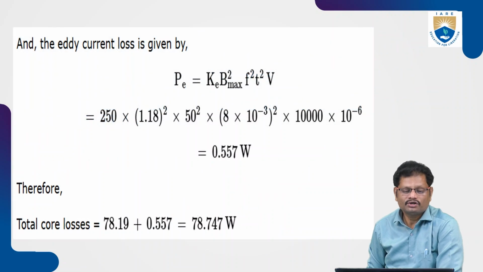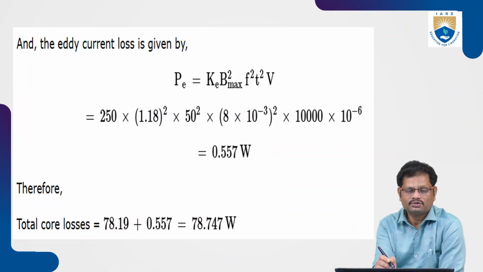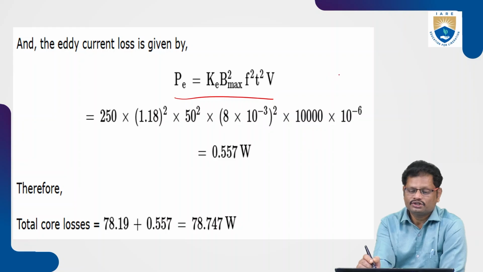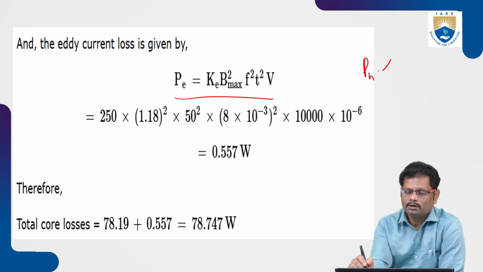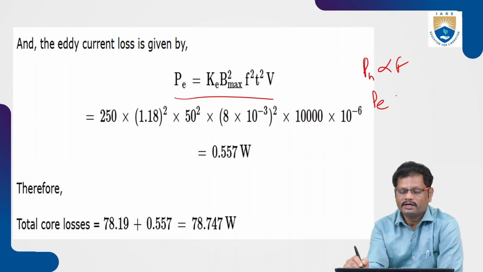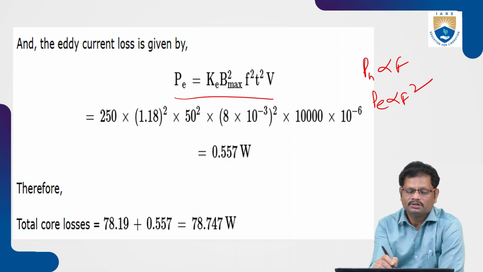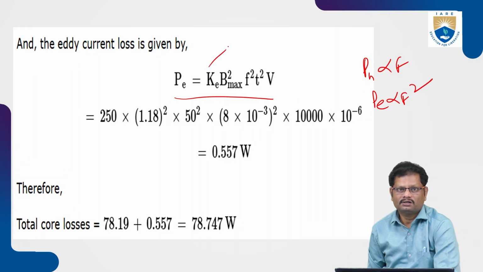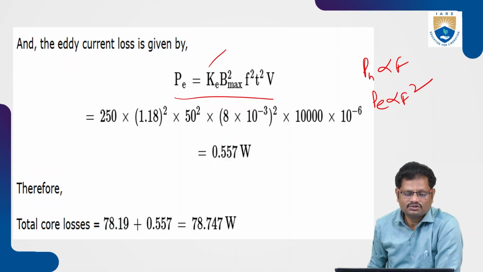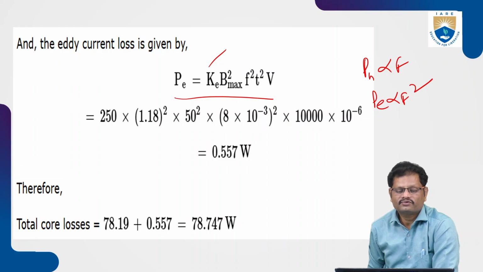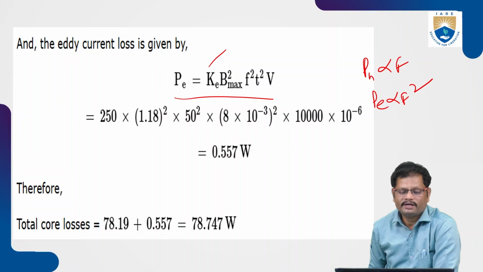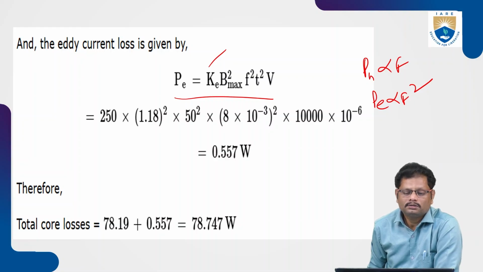And the eddy current losses are given by a formula as well. Hysteresis losses are directly proportional to frequency, and eddy current losses are directly proportional to the square of the frequency. After substituting all these values, Ke is given as 250, Bmax is 1.18 Tesla, f squared is 50 Hz squared, t squared is 8 millimeters squared, and the volume is 10,000 cubic centimeters.